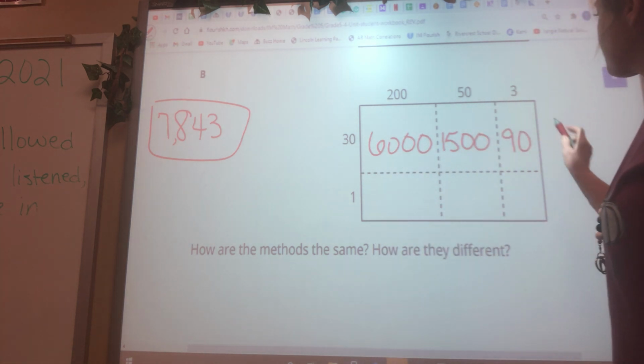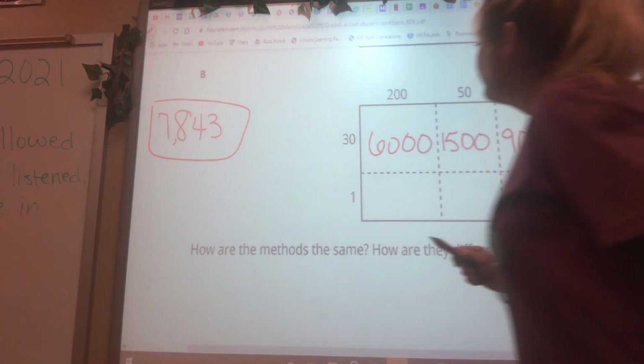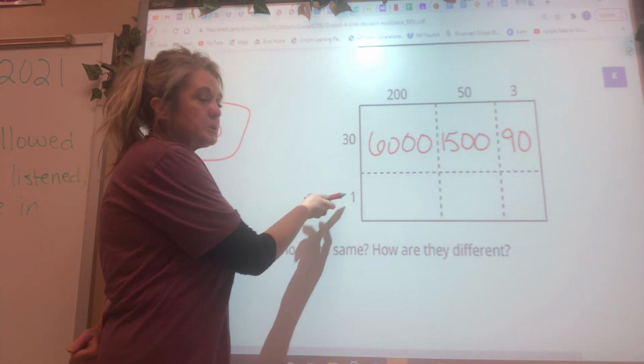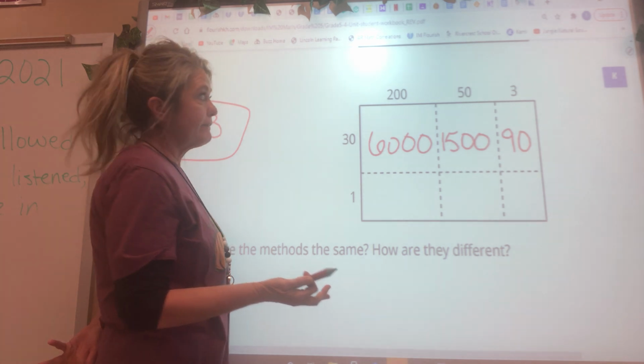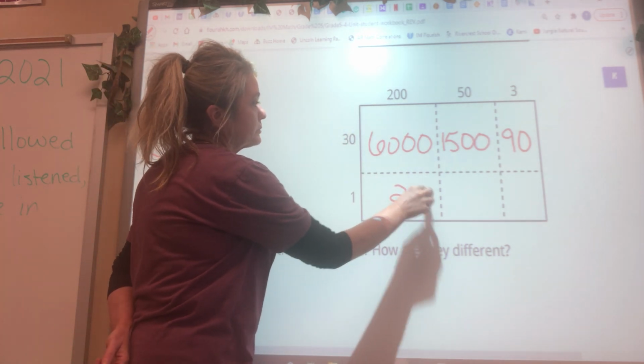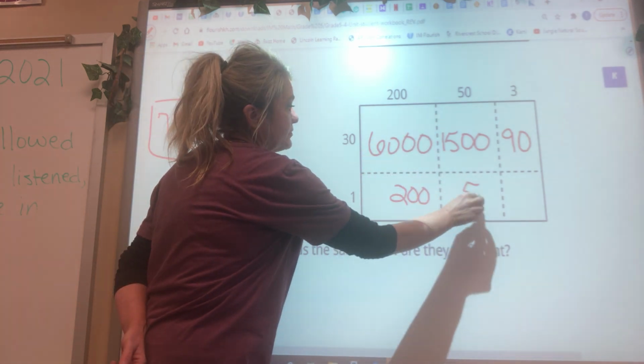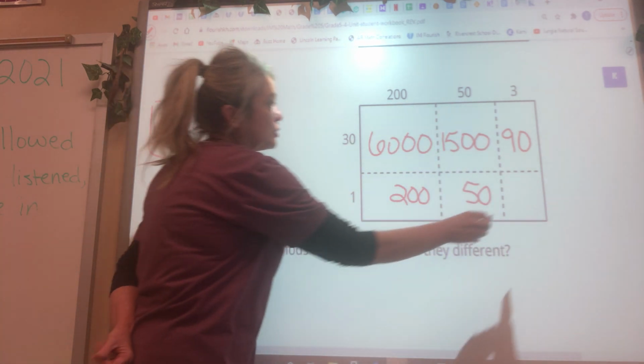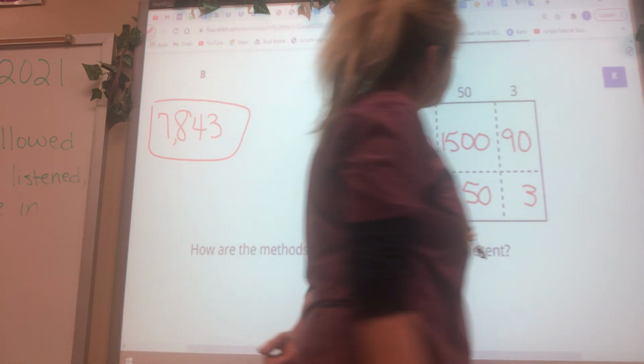If I move to the next one, any number multiplied times 1 is just going to be itself, isn't it? So 200 times 1 is 200. 50 times 1 is 50. And 3 times 1 is 3.